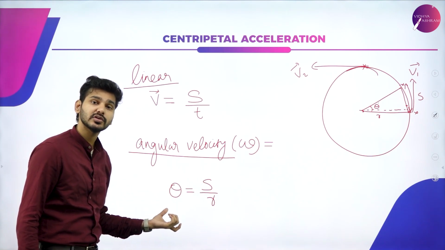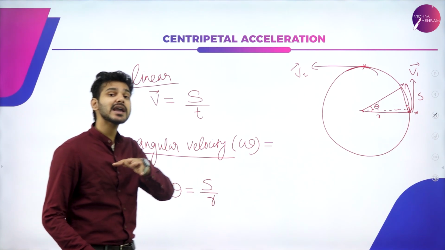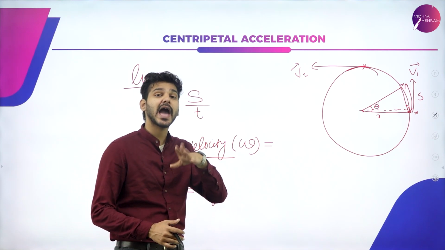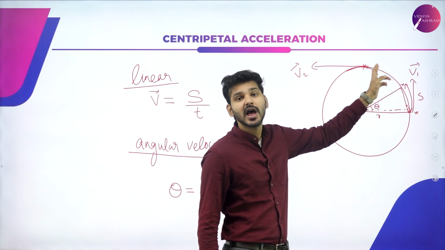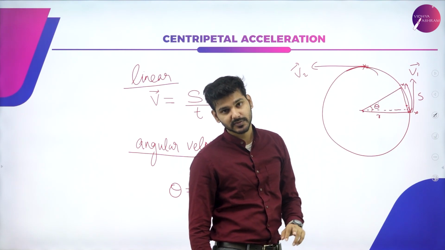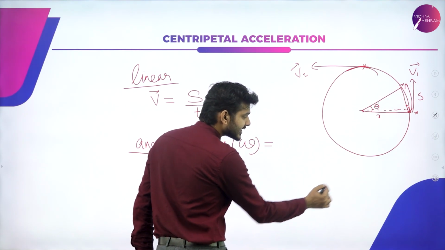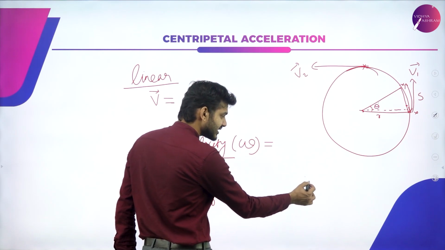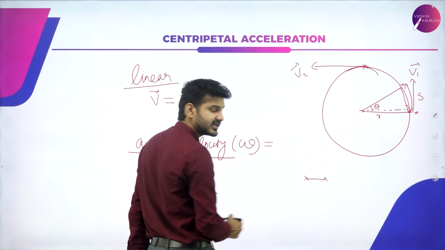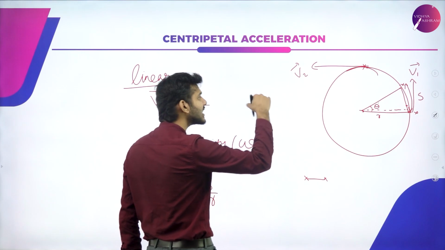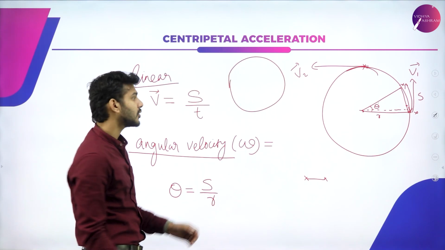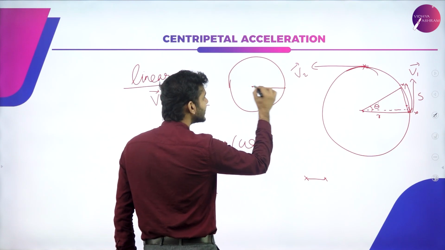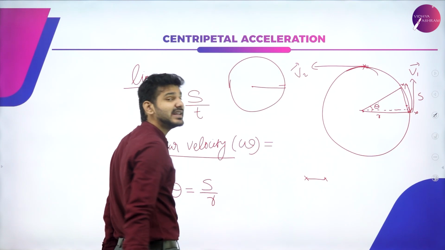Now why did we find theta? Because in angular motion terms, theta determines the angular displacement. In linear terms, I can say it went from position 1 to position 2 like this. But if it is executing a circular motion, I cannot say it traveled from here to here linearly.